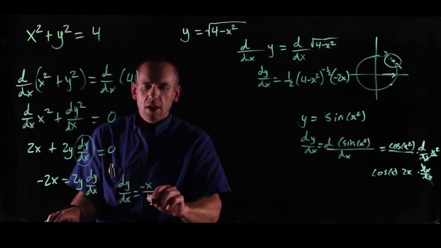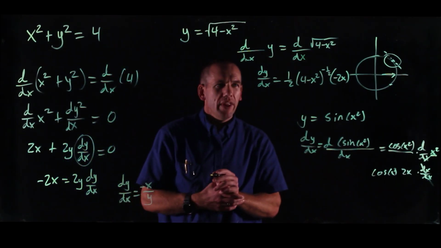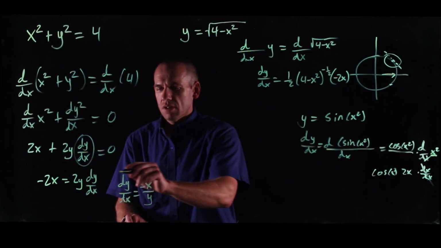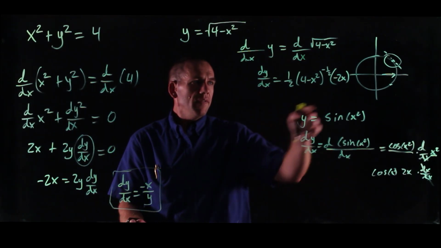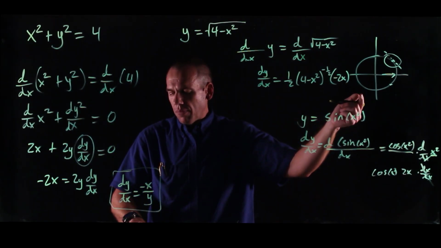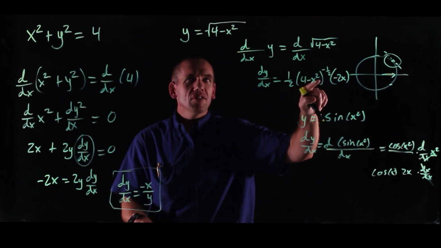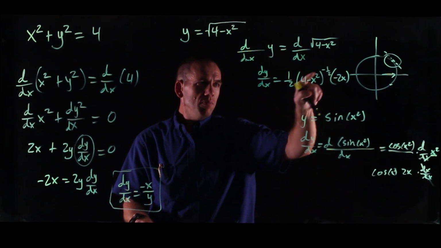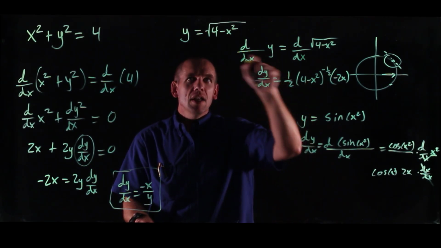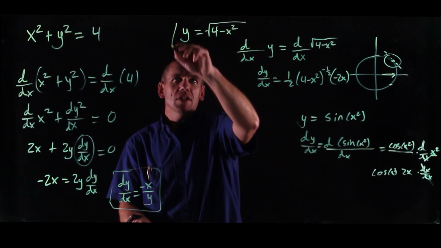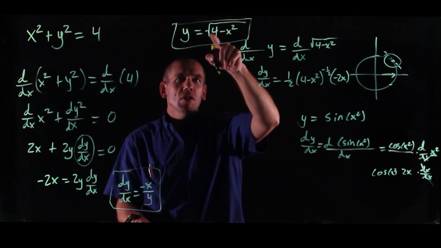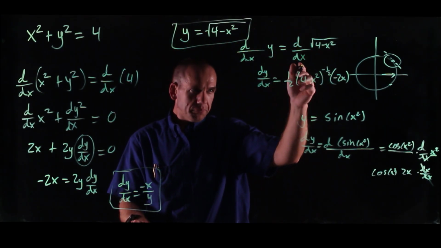x over y. And you might think to yourself, well, that's very different than the derivative we got over here. But it's not really, okay? 4 minus x squared, right here, this term, that is y squared, because y is equal to the square root of 4 minus x squared.